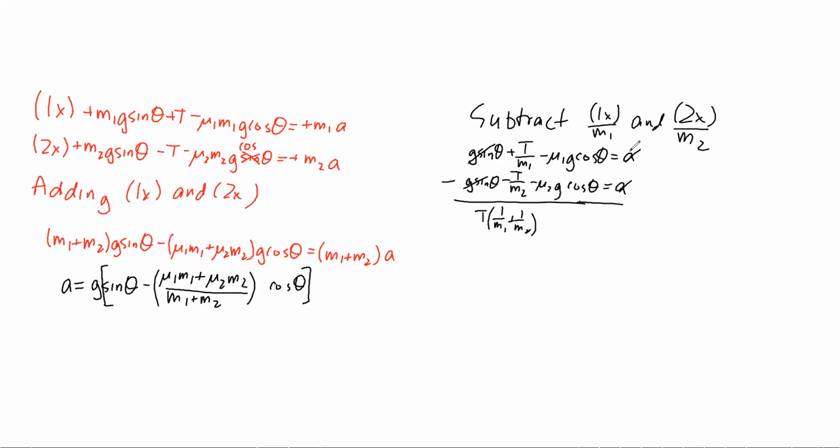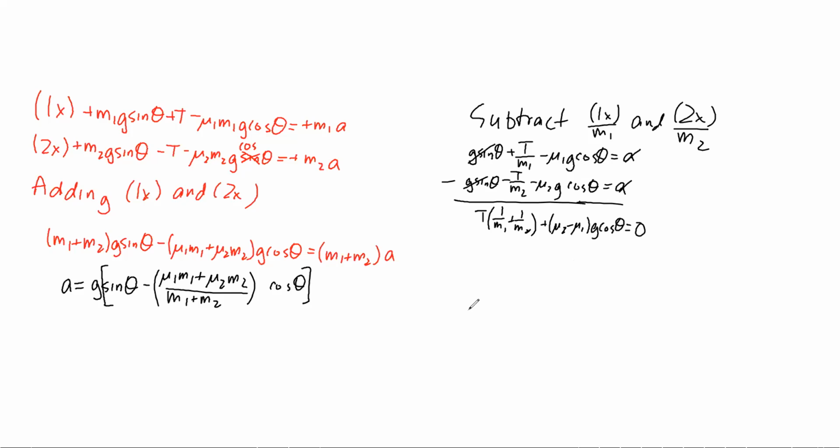And then what happens here? We've got g sine theta. You've got to make sure you get these minus signs right. We've got a minus mu1, so it'll be mu2 minus mu1, minus mu1 g cosine theta equals 0.